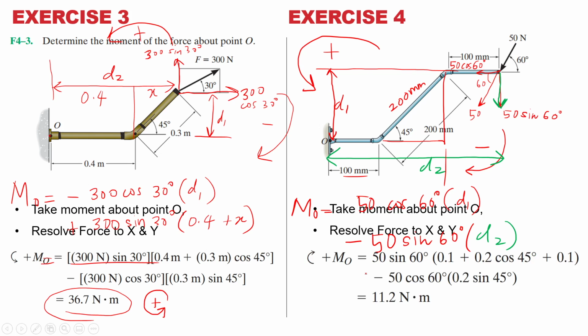Yeah. Next. See this one? 0.1. 0.1. 0.2 cos 45. The answer is 112 Newton meter.